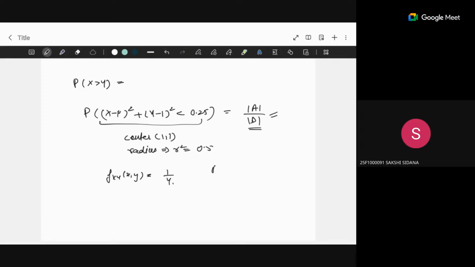And what is my A? A is actually the area of the circle. What is the area of a circle? Pi r square, which is pi into 0.25, right? So if you put this value here, it will be pi into 0.25 divided by 4. Yes or no? Yes. This will be pi by 16. Fine.